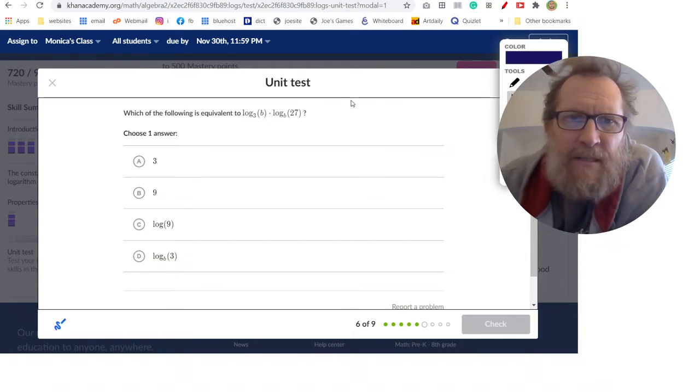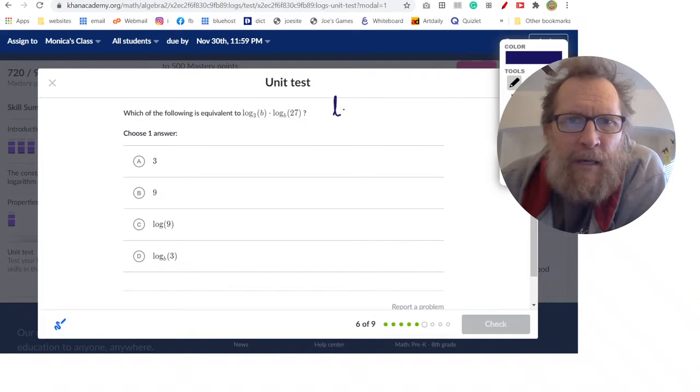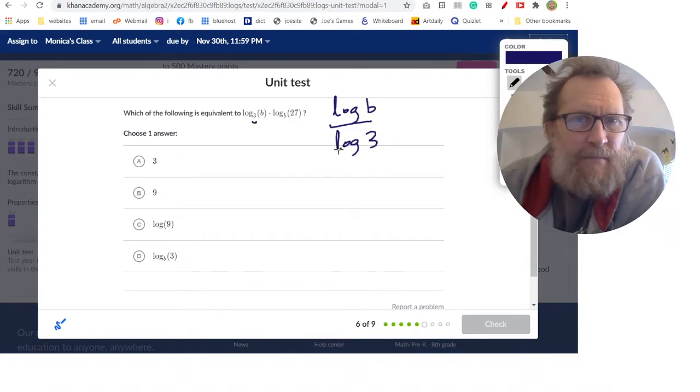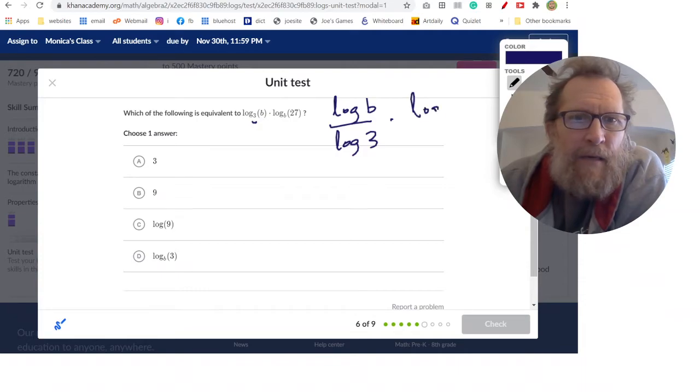So this one's log b over log 3, right? The base is in the basement. That's how I remember that. When I use the change of base rule, the base in the log is in the basement of the fraction. It works for me. And then I'm multiplying that times log 27 over log b.